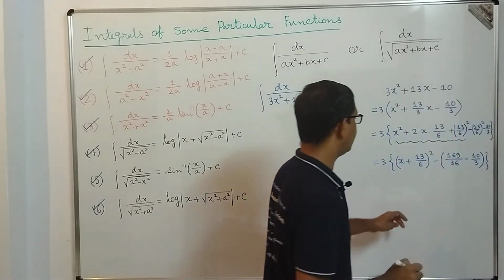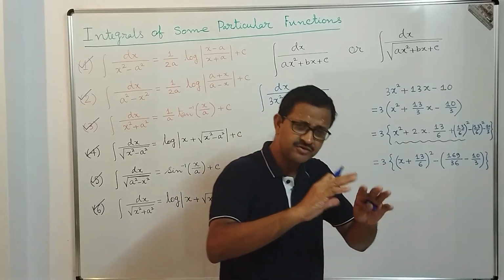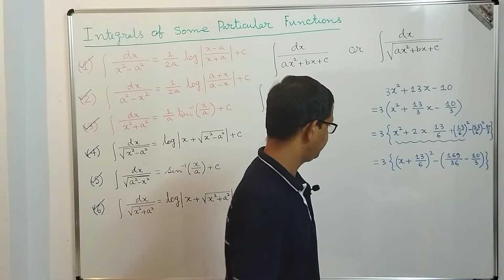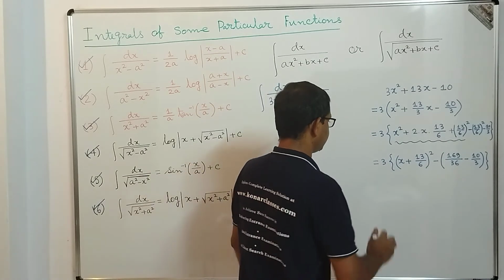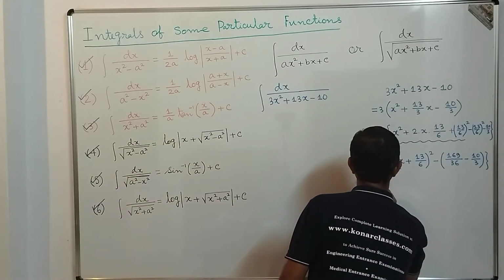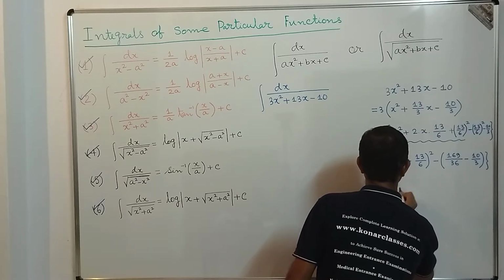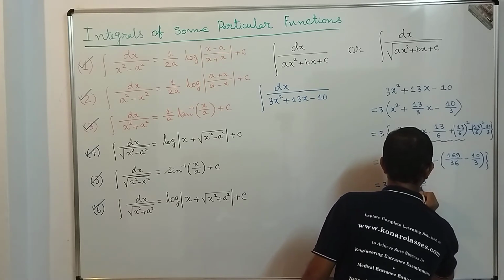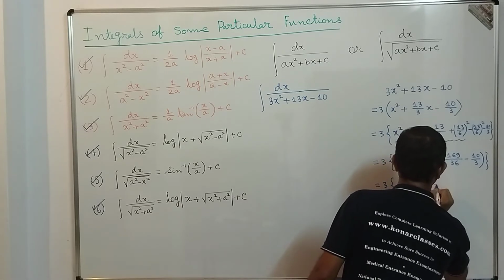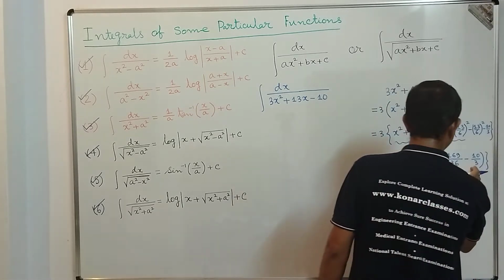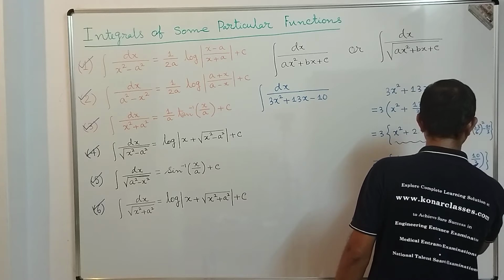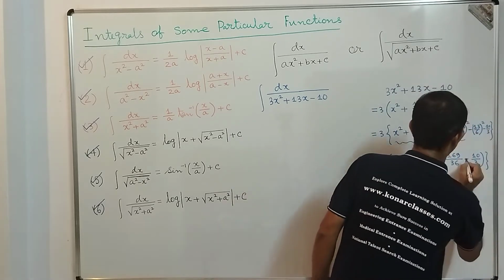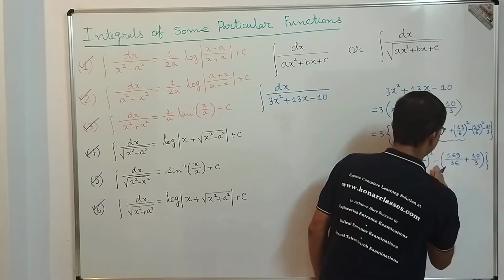So whatever we want to do, that is x plus or minus some constant whole square, minus some other constant whole square. So what we get here, dear students, is 3 into (x plus 13 by 6) whole square minus, what is the LCM here, that is 36, so 169 minus, okay, sorry, here it will be plus, because minus we have taken common.